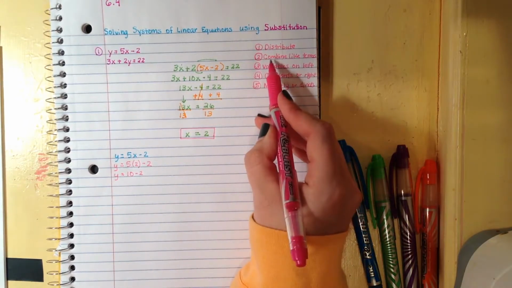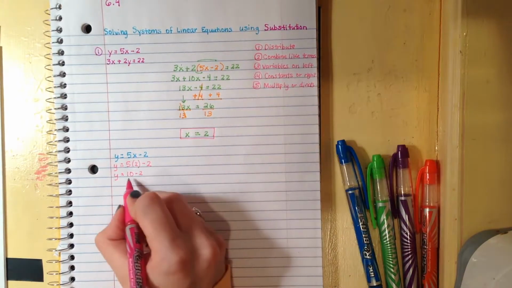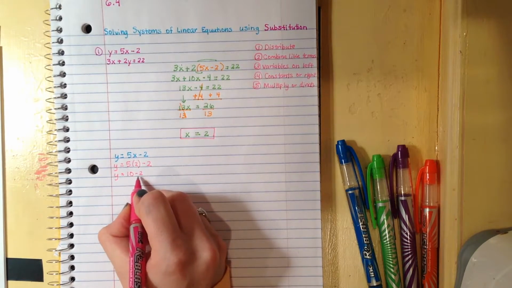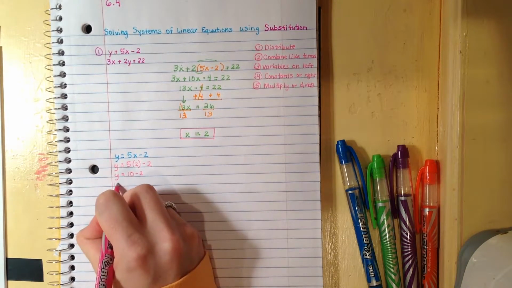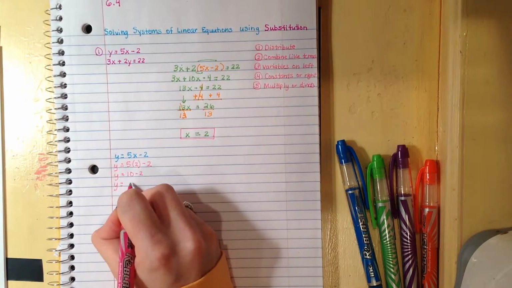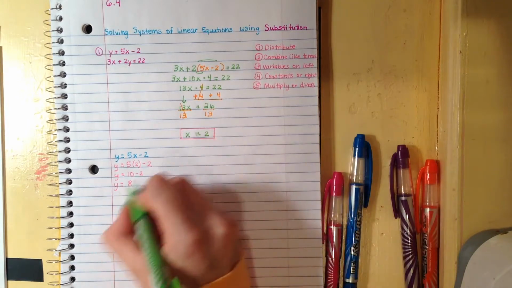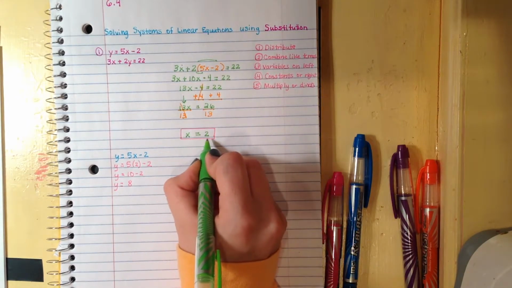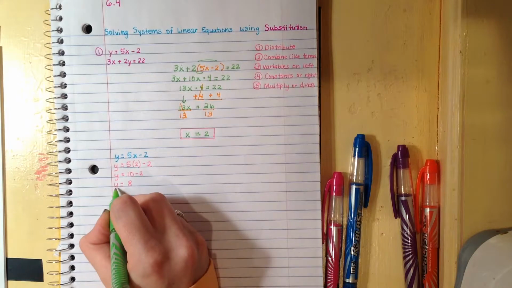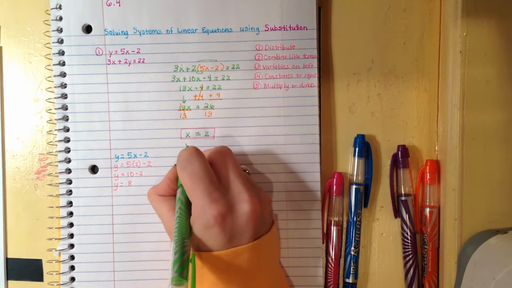And my second rule would be to combine like terms. Here I have 2 constants. I'm combining like terms. y equals 8. So I have now solved for x equals 2, and I also have solved for y, which equals 8.